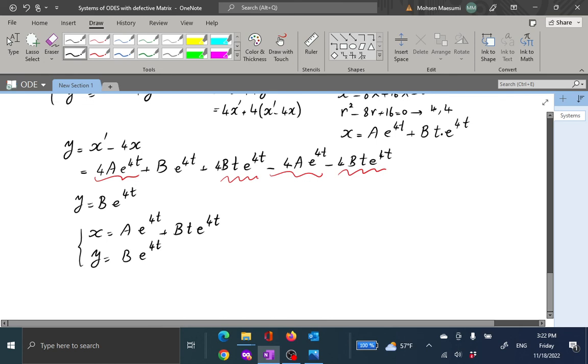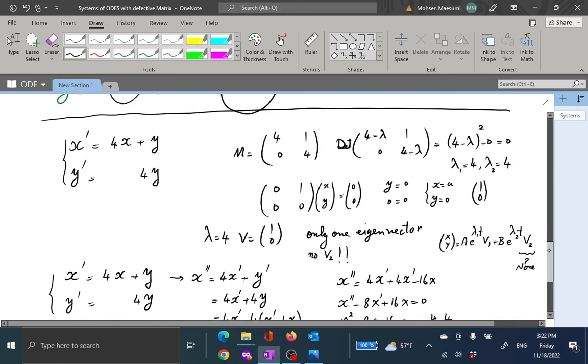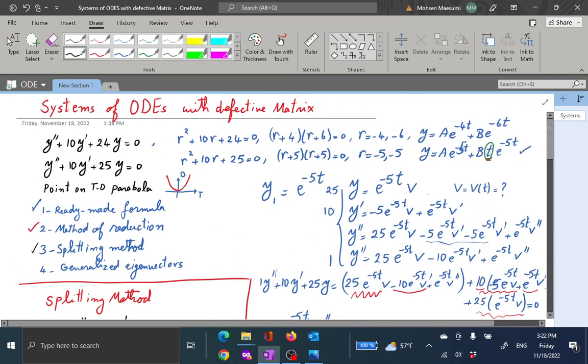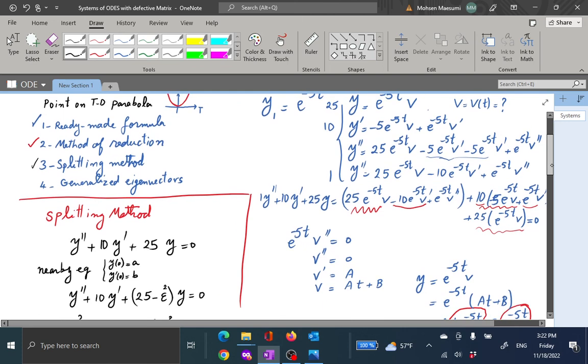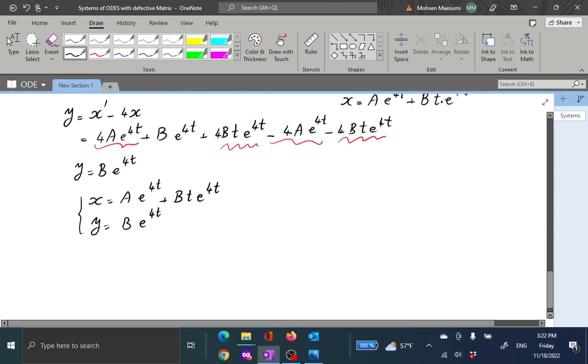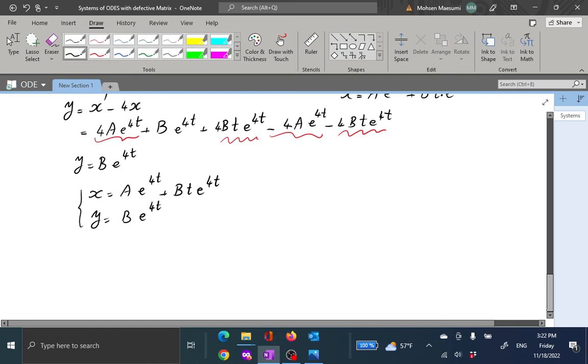One of those vectors is just our eigenvector that we had at the beginning, and the other one is going to be a so-called generalized eigenvector. So the generalized eigenvector shows up, but we didn't talk about that in the context of our linear algebra. So this is our solution.